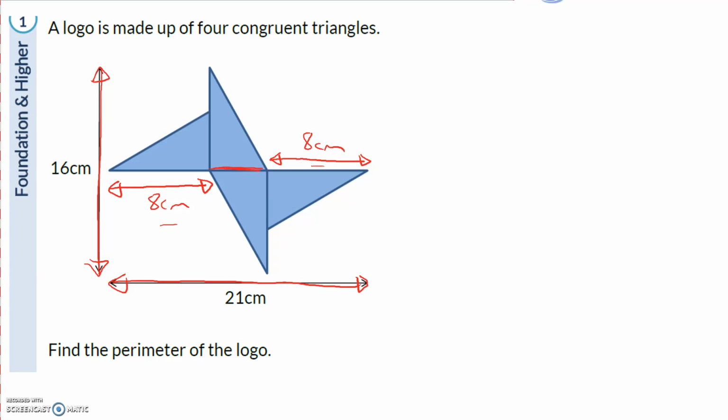So this length here, this width of this triangle, is going to be 21 subtract 16, which I make 5 centimetres. Now that 5 centimetres itself is not in our perimeter, but we're going to need to know that to work out our next length. Because we now need to think, well, what's this length here?